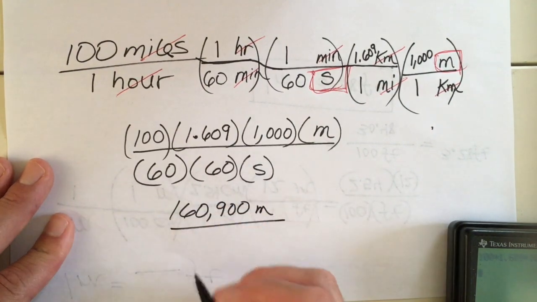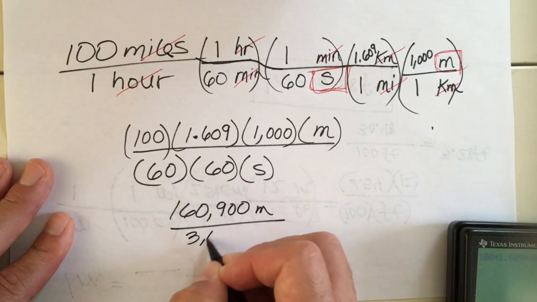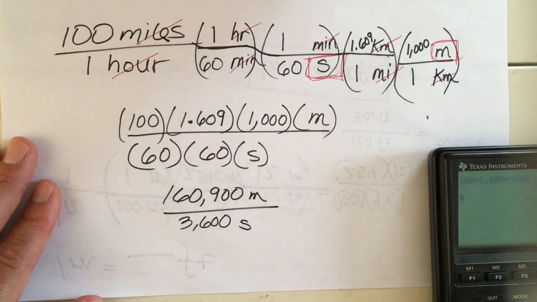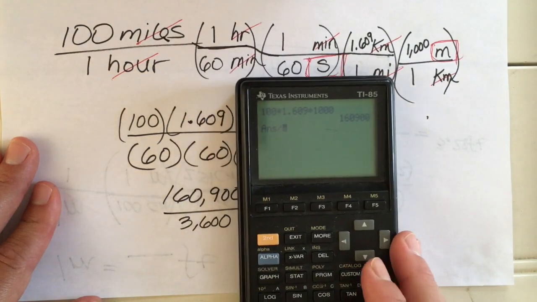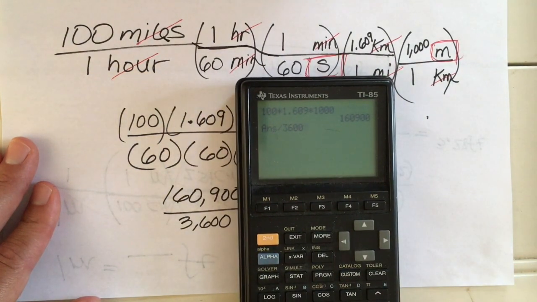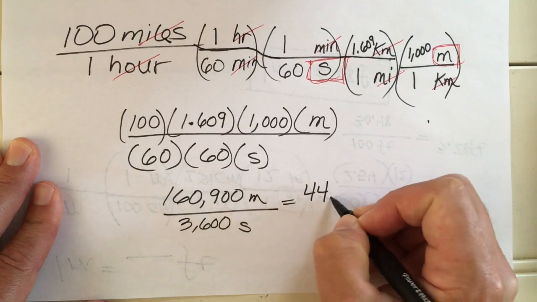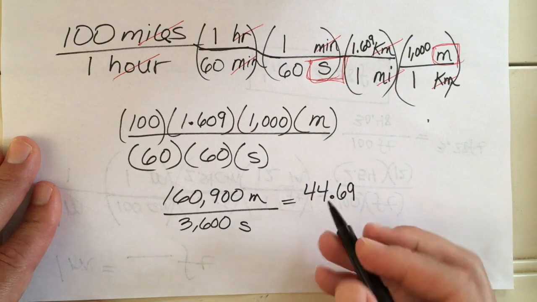On the bottom, 60 times 60 is 6 times 6 is 36. Add the 2 zeros, 3,600 seconds. And now we can divide and just simplify, right? So my answer up there divided by 3,600 is equal to 44.694. Or I can just say 44.69 and not worry about that other 4, as long as I keep 2 or 3 after the decimal.